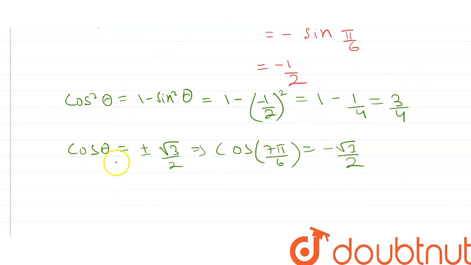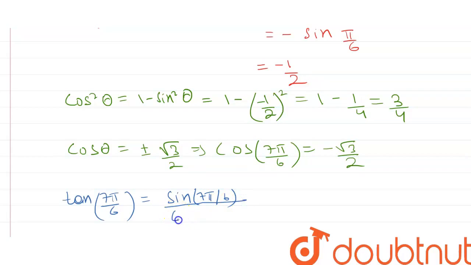Now let us consider the tan part. So tan 7 pi by 6 is your sine 7 pi by 6 upon cos 7 pi by 6.